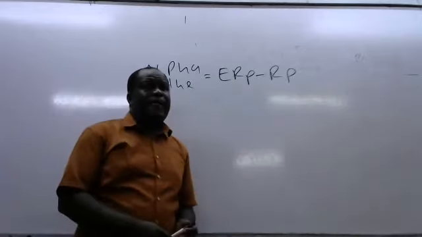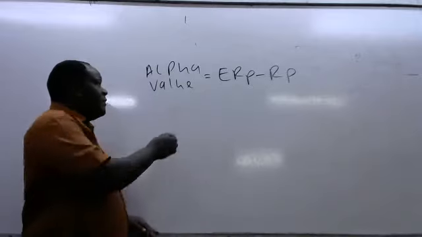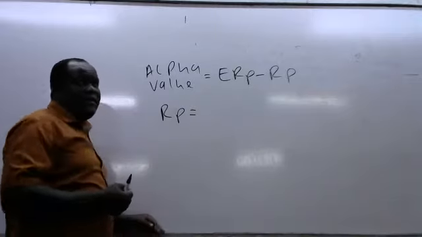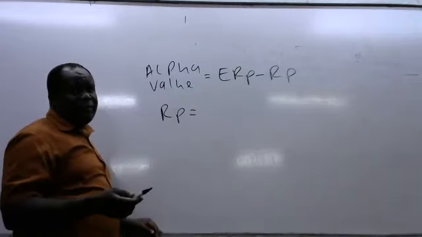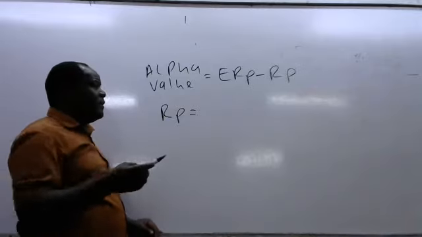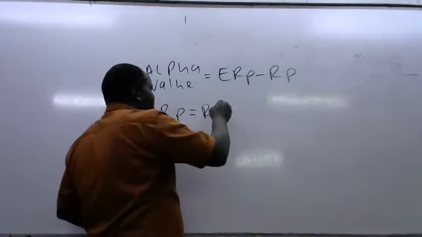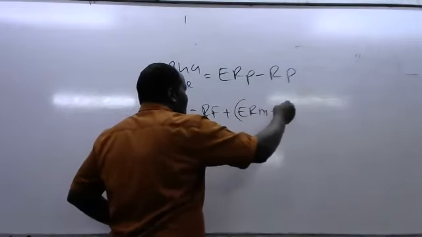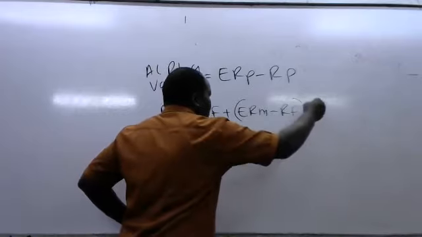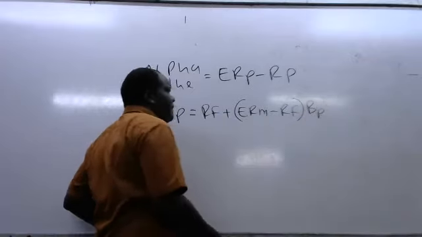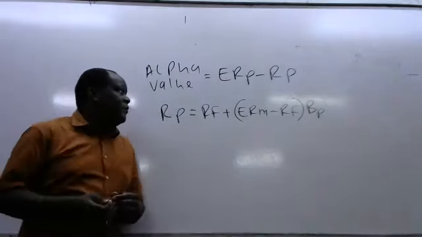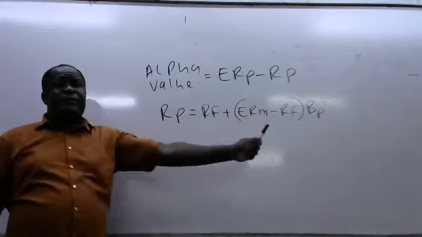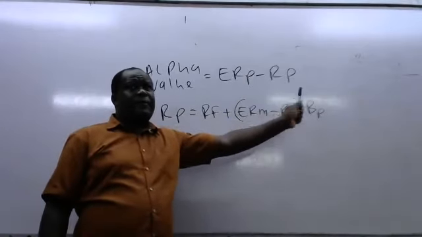The return of the portfolio is given by the security market line as follows: the risk-free rate, then we add the expected return for the market minus the risk-free rate, then you multiply by the beta factor of the portfolio. So to get the alpha value, it is the actual return for the portfolio minus the expected return for the portfolio.